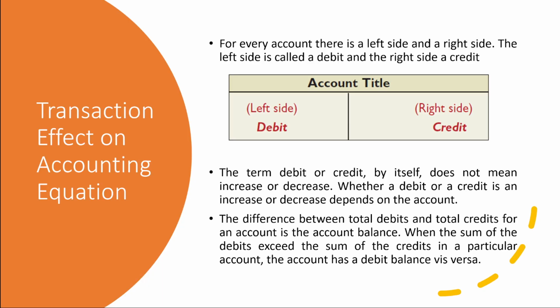And to determine which side the account increases on will be determined based on the classification of that account. So not all accounts increase on the left side, and not all accounts increase on the right-hand side.